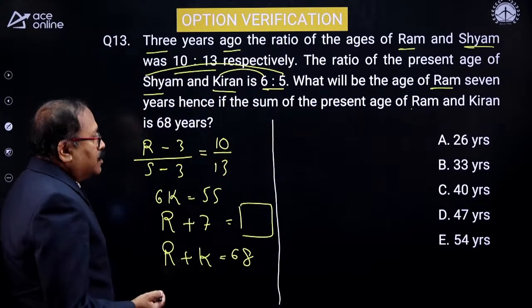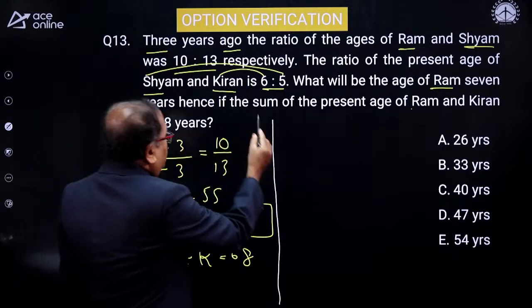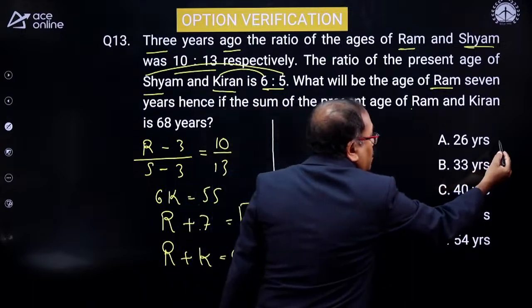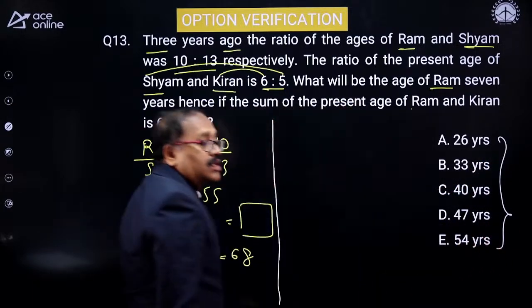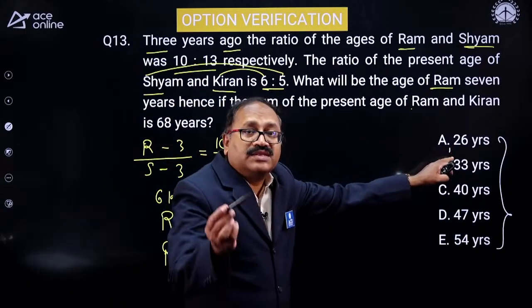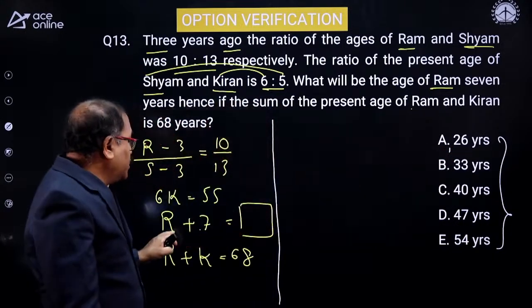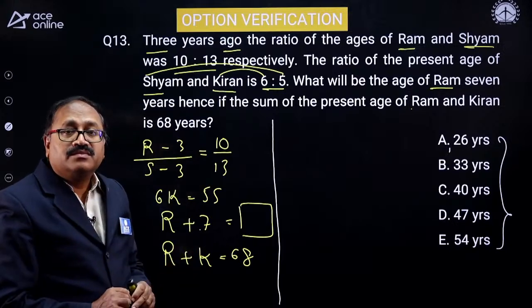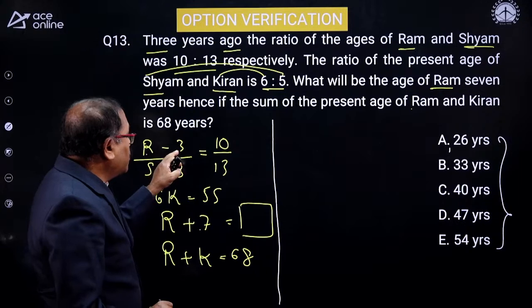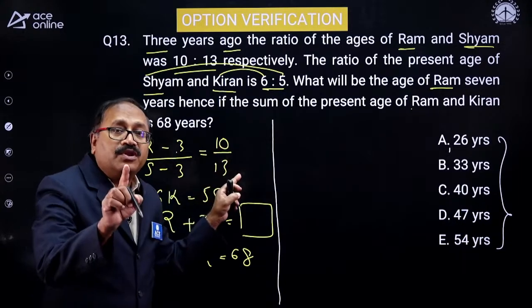What is that? I need to find out Ram's age after 7 years. So we have these options. After 7 years means from here if I take out the 7, then I should get Ram's age. And we know that from Ram's age if you take out 3, that should be a multiple of 10.